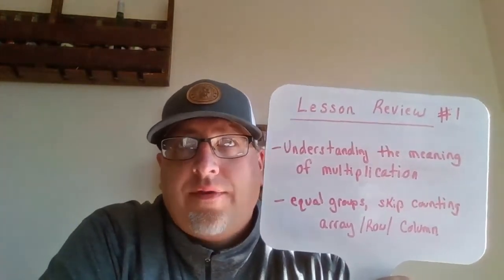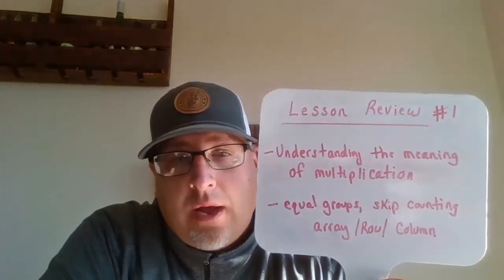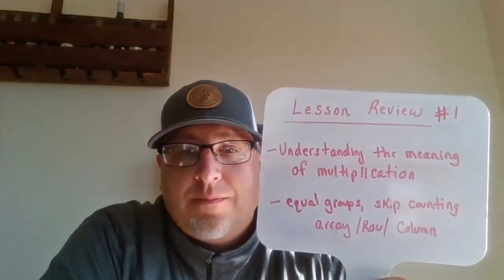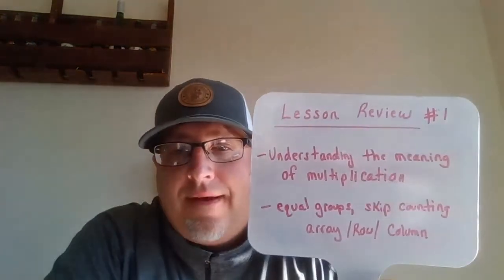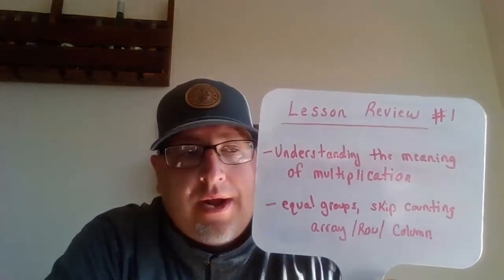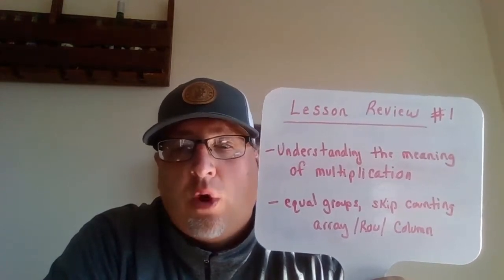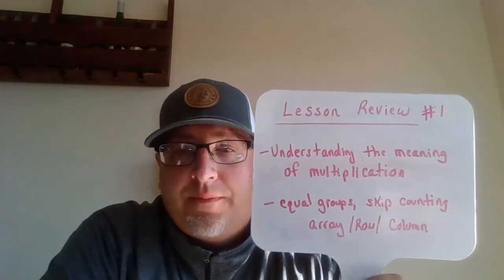We can work off an array and make a multiplication sentence if we need to. We have to understand what it's telling us. Rows and columns. Rows go across, columns go from top to bottom. We have spent a lot of time on those, but I wanted to bring those terms up. Equal groups, skip counting, array, row, and column are very important when we talk about multiplication.